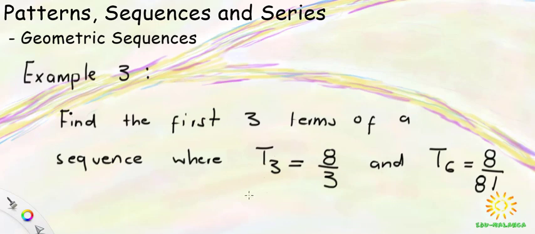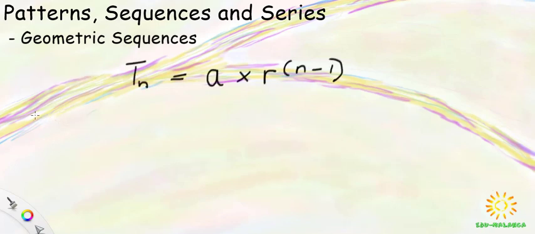We'll start by using a substitution. We know what term number 3 is, so let's come back to the general term. We say T3 is equal to 8 over 3. That means that in term number 3 we know what Tn is equal to, and we also know that n is equal to 3. So we're going to substitute the known variables into the general term.